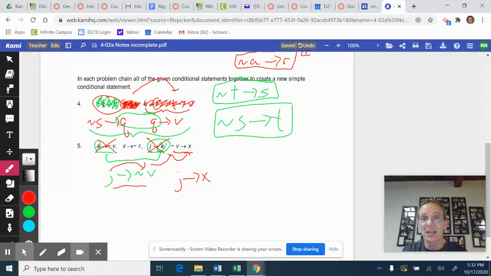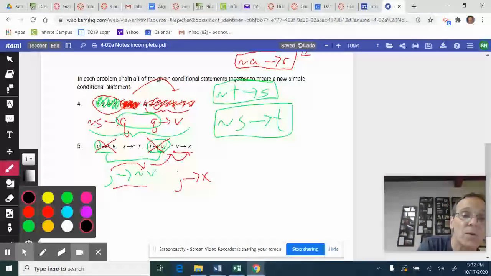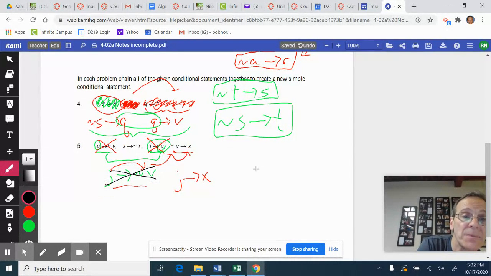When you tip J, it tips not V, and not V tips the X. So ultimately, J causes the X to fall. Now cross out, please, once again, cross out the two statements that this new one came from.